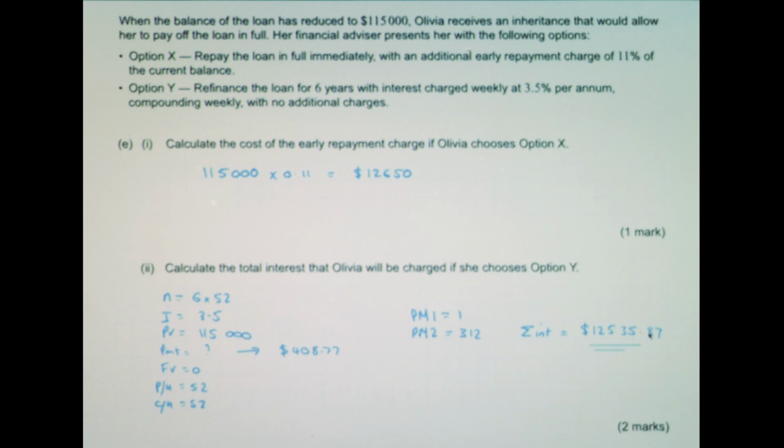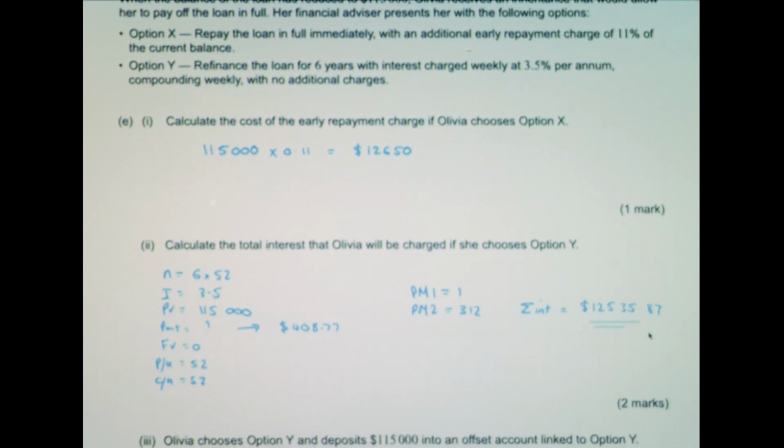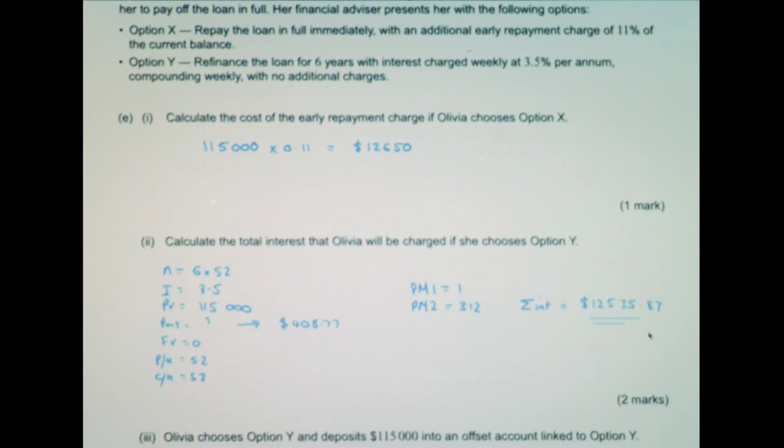Relatively straightforward. And then the next part is calculate the total interest that Olivia will be charged if she chooses option Y. So with this, you first of all have to calculate the PMT value, and then it's a sum of interest calculation. Okay. So obviously got to set up that question again.